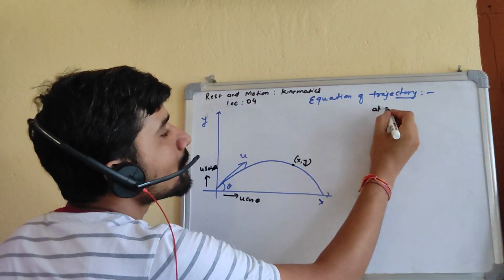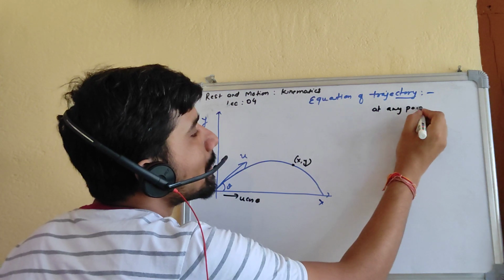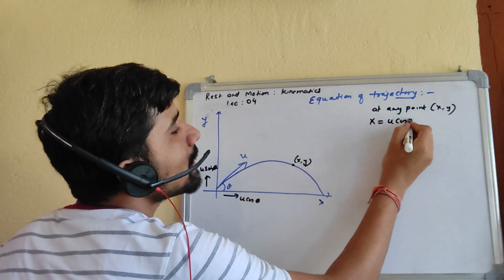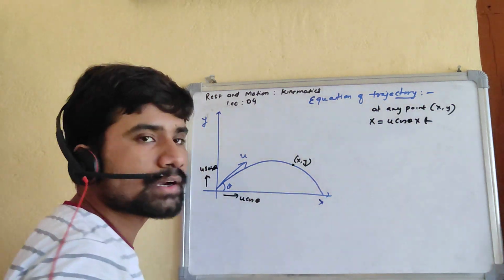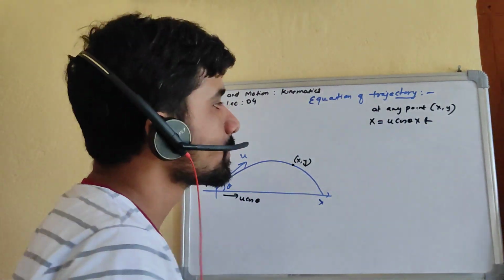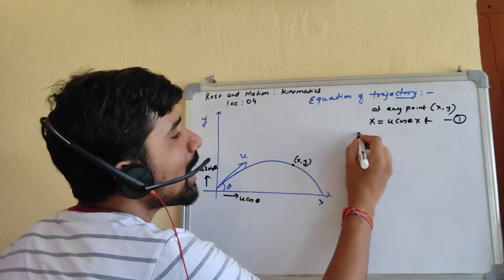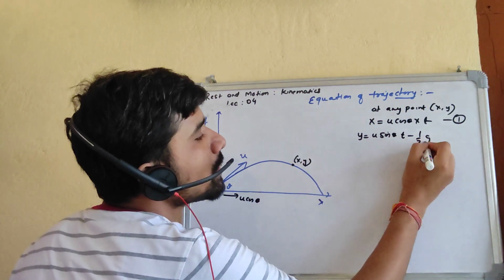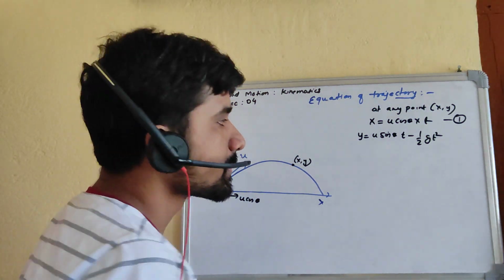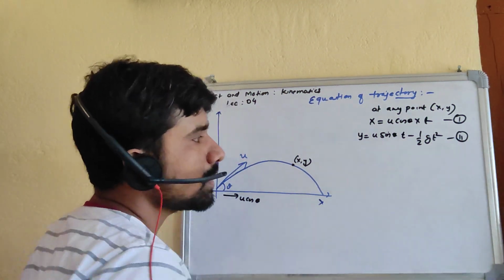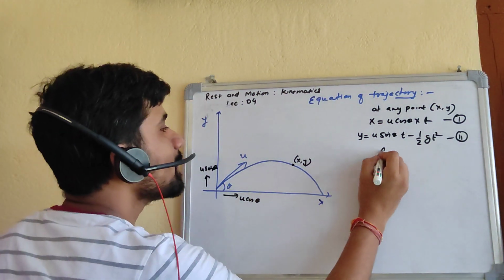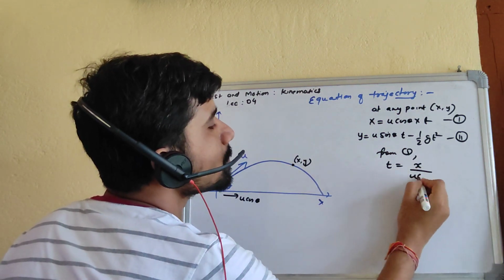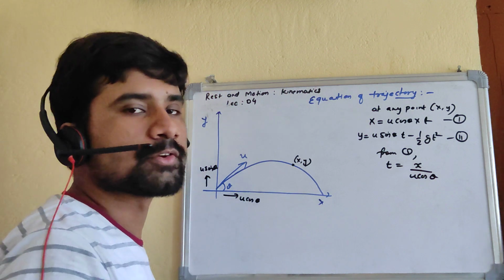So at any point x, y, x is given by u cos theta into t, first equation, and y is given by u sin theta into t minus half g t square, second equation. From the first, time is x by u cos theta.